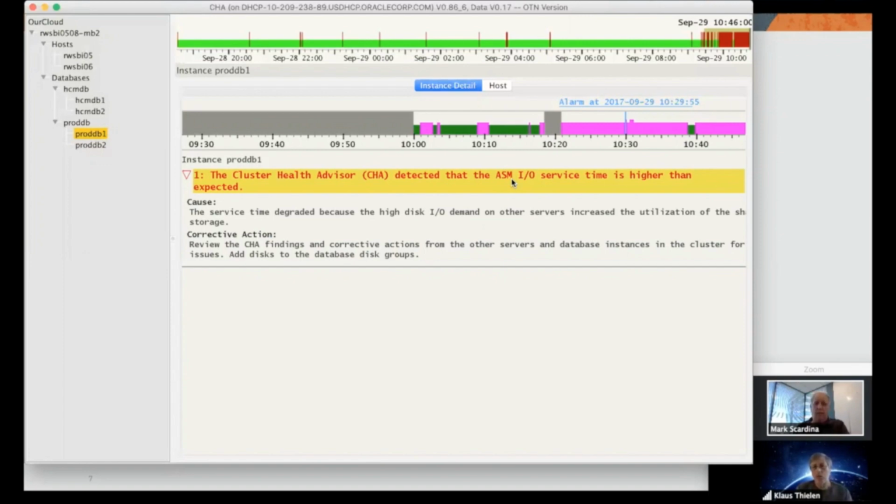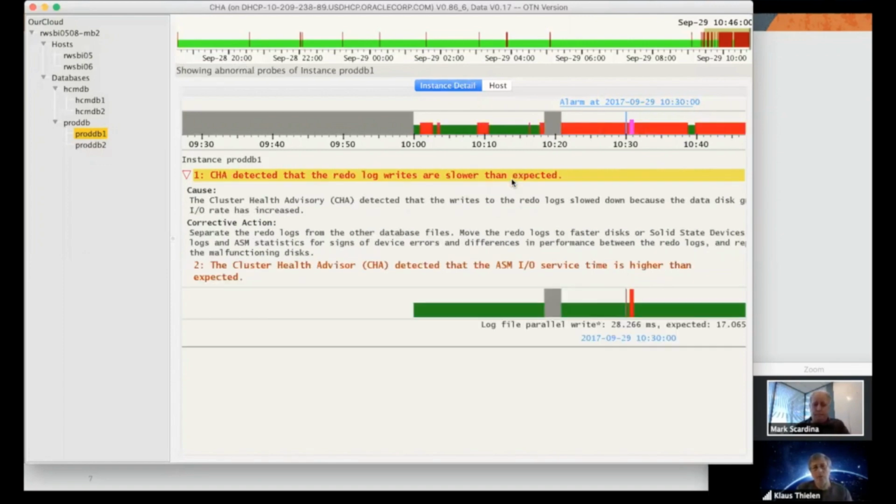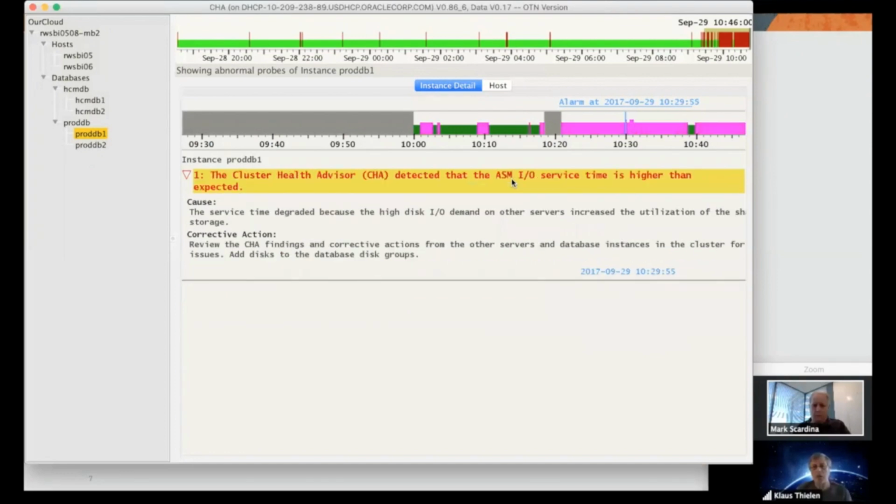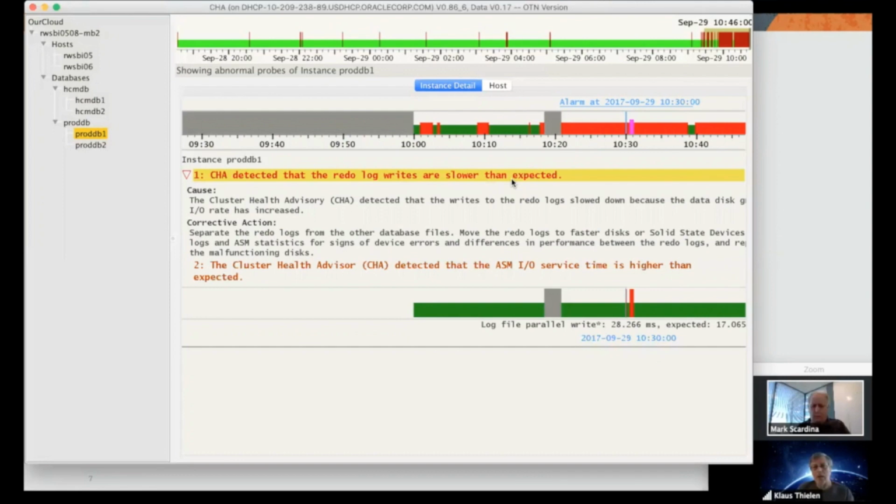Yes. Could you press A? Yeah. So now we see you moved one tick to the right. We're now at the timestamp 10:29:55. If you go one to the right, then we have this higher part.